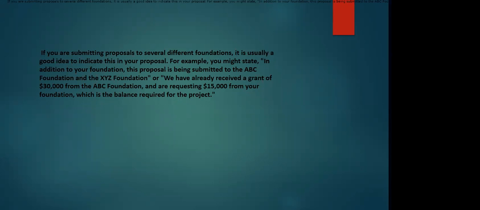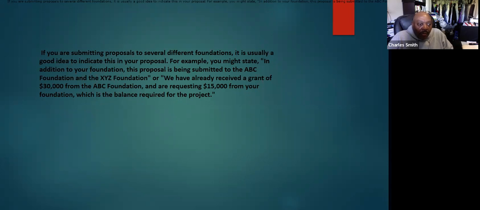Instead of saying, oh, we need money, and forgetting to mention that we already got money from somebody else, because they're going to know. So it's best to let them know that we're actually trying to leverage money. We brought in $30,000. We're only asking you for half of that, which is $15,000. That's how you frame it. All right, gotcha.